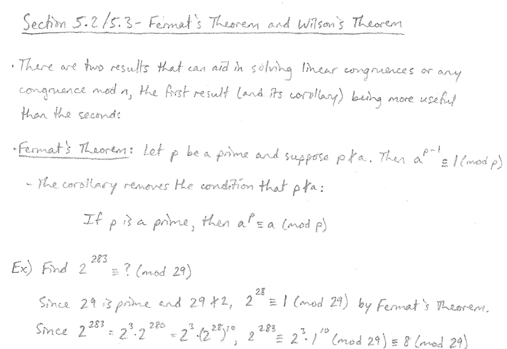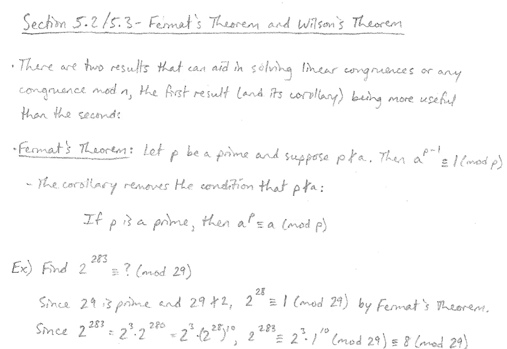And these theorems all pertain to how you can use these results to find what a large number is congruent to mod some number n. So as you can see, these two results can aid in solving linear congruences or any congruence mod n.